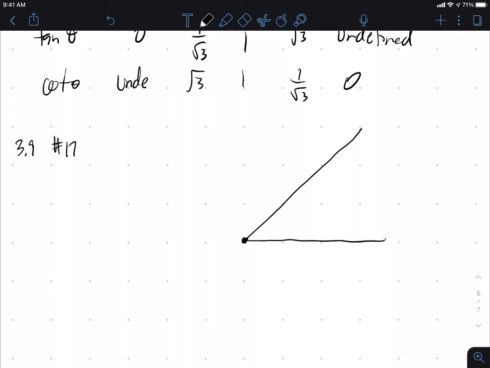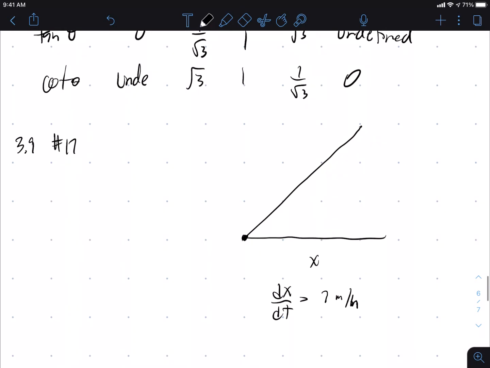The one walking east, I'll call that X, is going at a rate in my problem of 7 miles per hour. The other person walking northeast, I'll call this Y, dy dt, is going 1 mile per hour. How fast is the distance between the people changing?